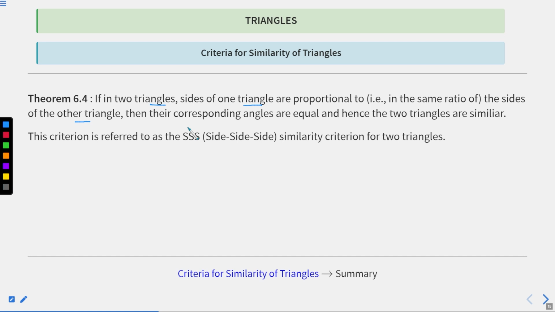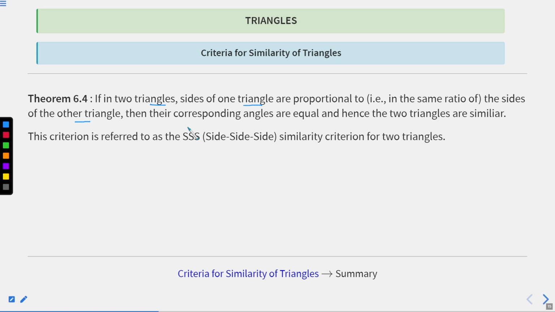So in 6.3 it stated to us, if in two triangles, three angles of one triangle are respectively equal to three angles of another triangle, then their corresponding sides are in the same ratio, that is, they are proportional.